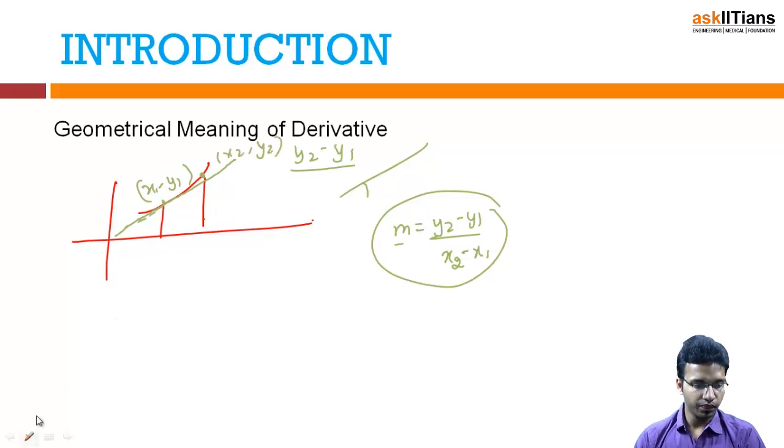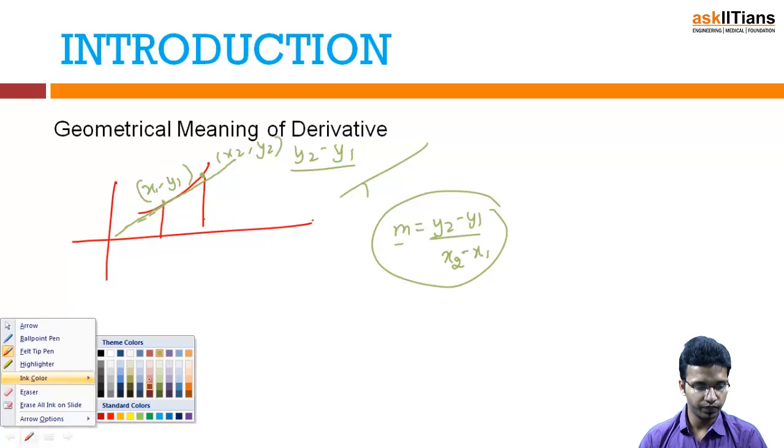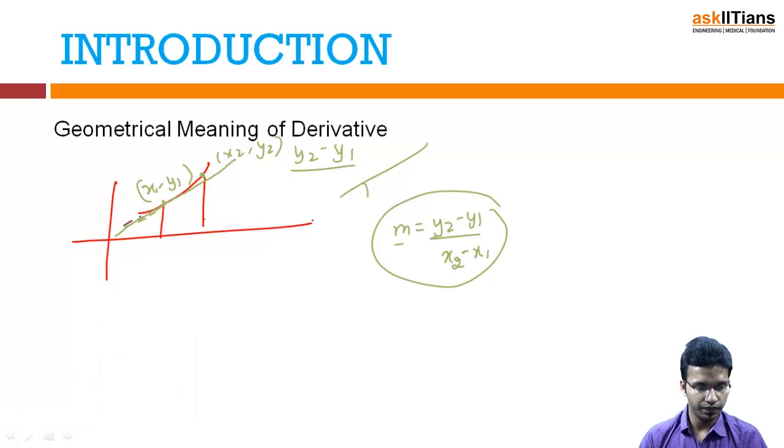Now if I join this one, you are seeing that this was the earlier slope, the slope from this, which is near to it but not exact.